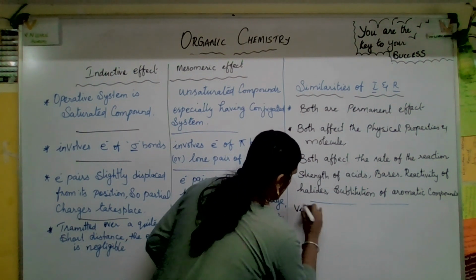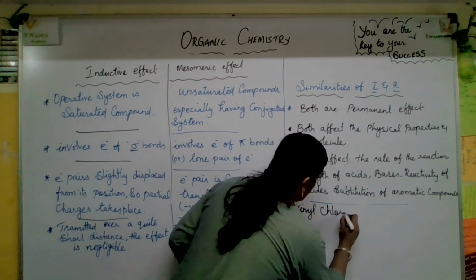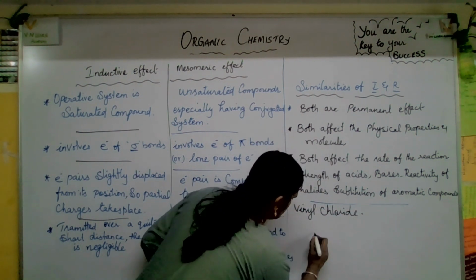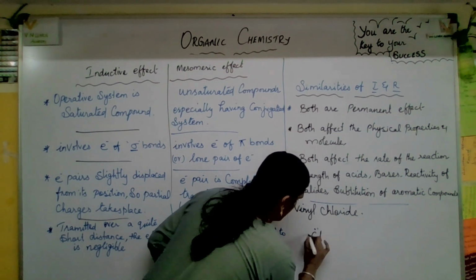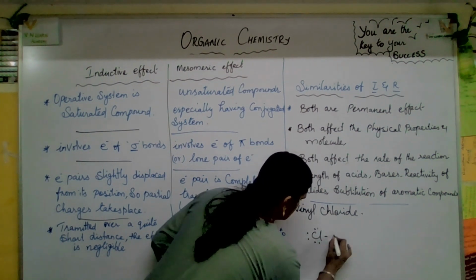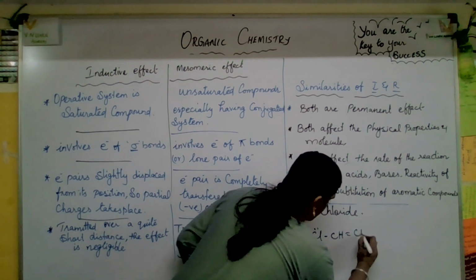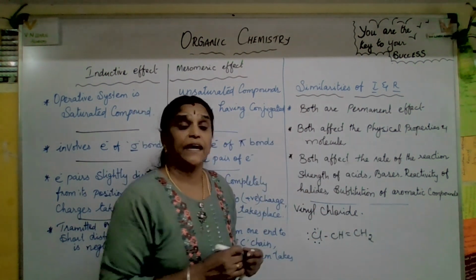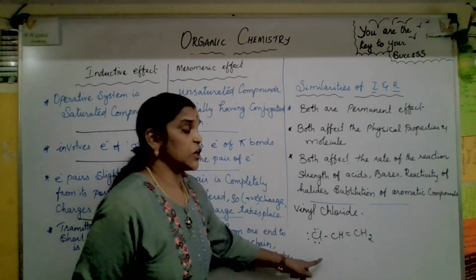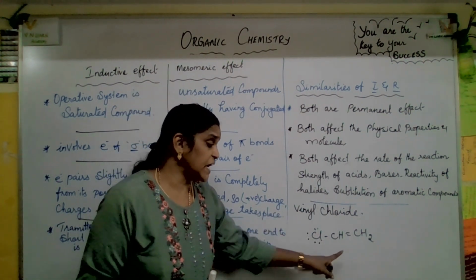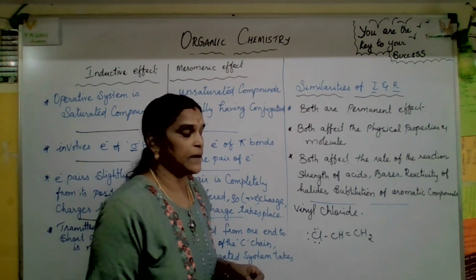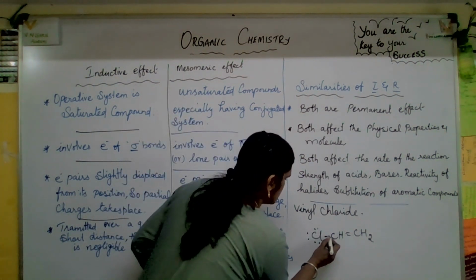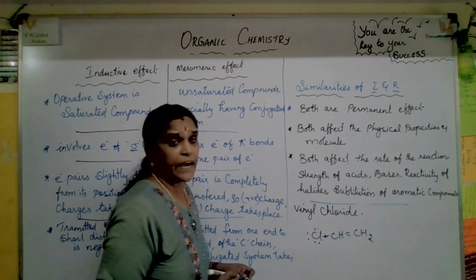I put it like this, Cl with lone pairs of electrons, CH double bond CH2, just written reversed. According to the inductive effect, this chlorine has more electronegativity than carbon, so naturally the electrons move toward the chlorine atom.